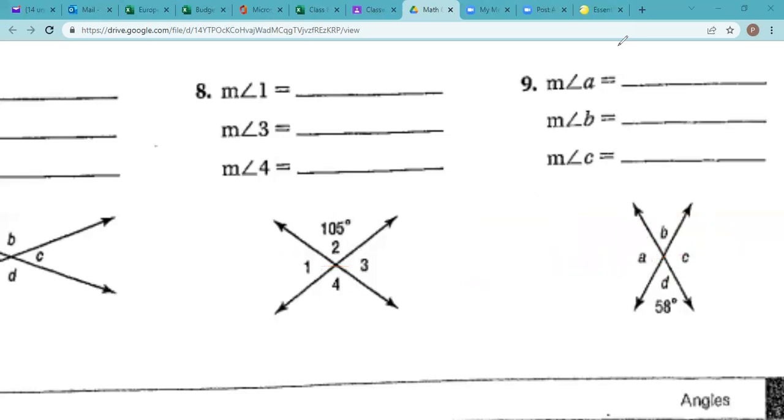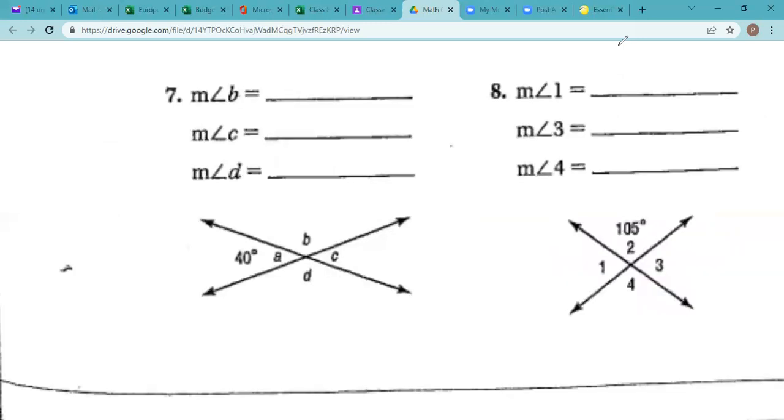I'm going to have you go ahead and do number 7. Go ahead and hit the pause and find out what your answer to B, C, and D is. All right, so your answer to B will be 140 degrees.